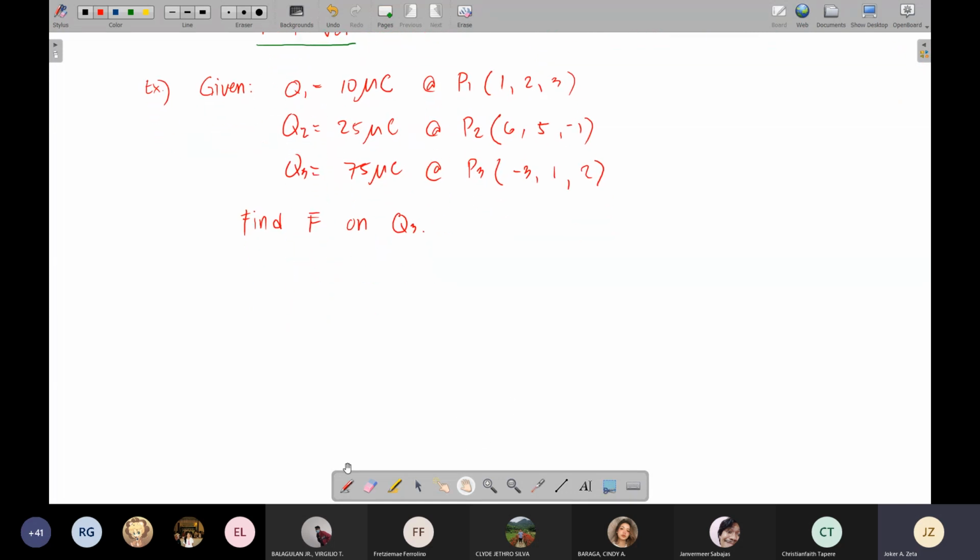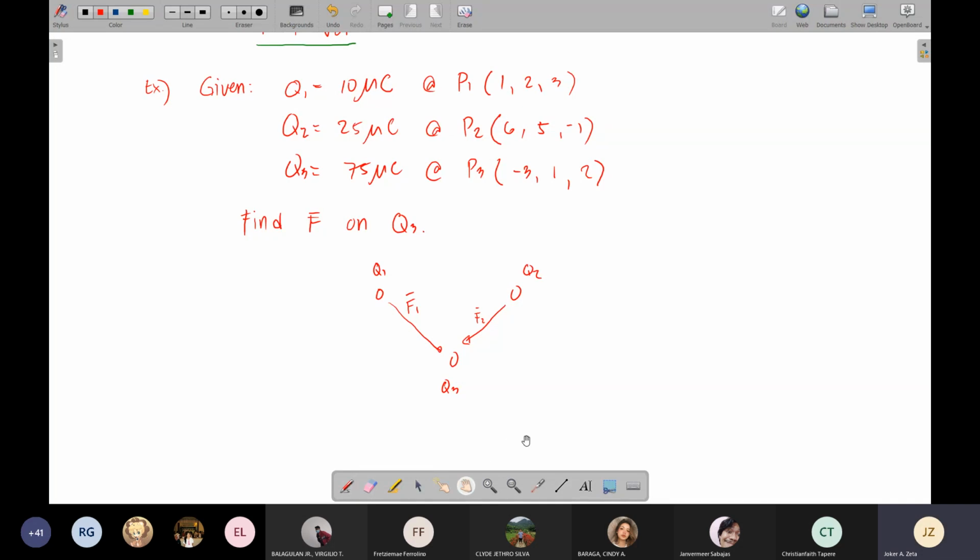Let's say, for example, this is Q1, this is Q2, and this is Q3. Now, the force on Q3, meaning Q3 is the one experiencing the force. So the force would be from Q1 going to Q3. And also, there's a force from Q2 going to Q3. So there will be two forces, force 1 and force 2.